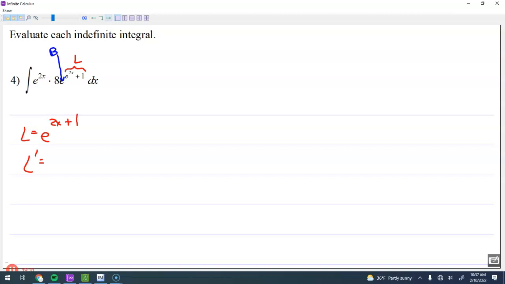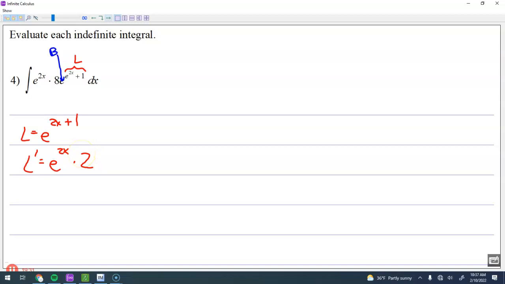So what's the derivative of e to the 2x plus 1? It's e to the 2x, and then what do I have to multiply by? 2. So I have e to the 2x times 8.